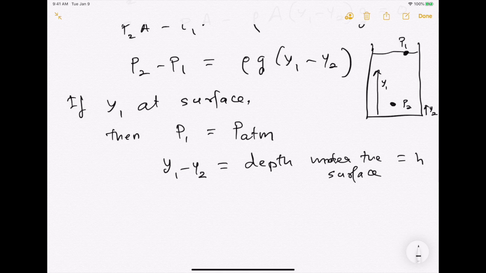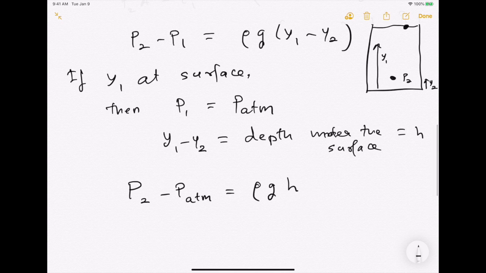Now, P2 minus P atmospheric in that case is equal to rho g h is what we're getting. All right, so you can see from here that the pressure at the point y2 underneath the surface is going to be greater than the atmospheric pressure by an amount, rho g h.